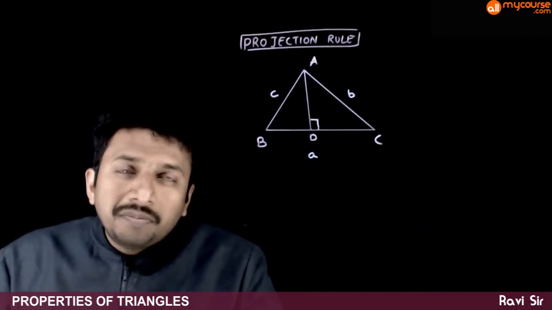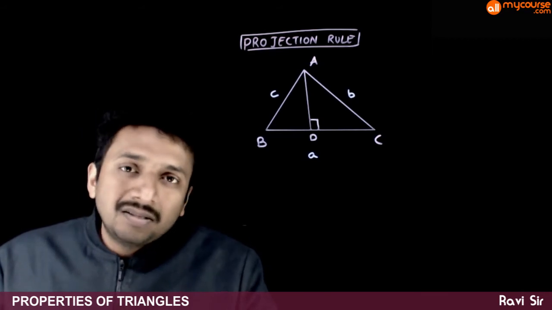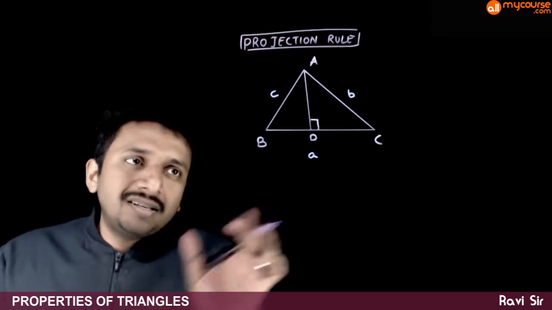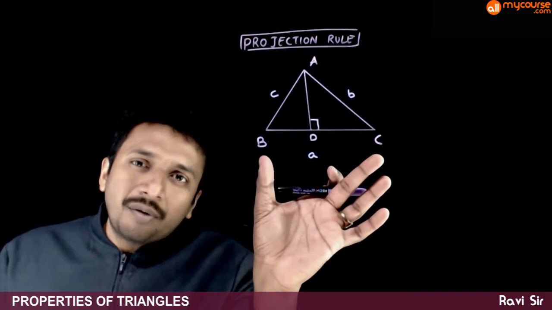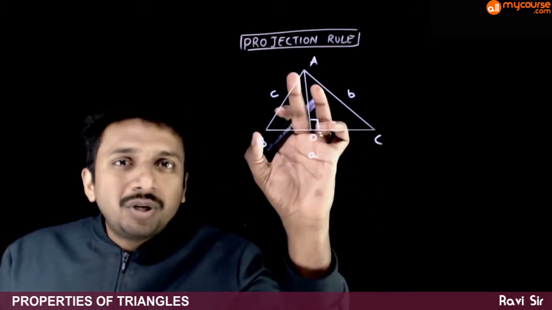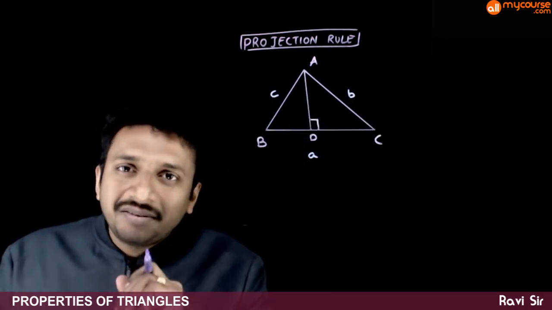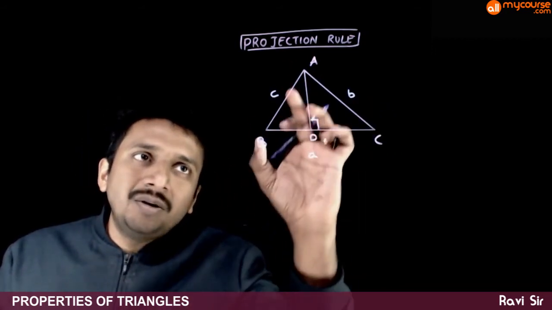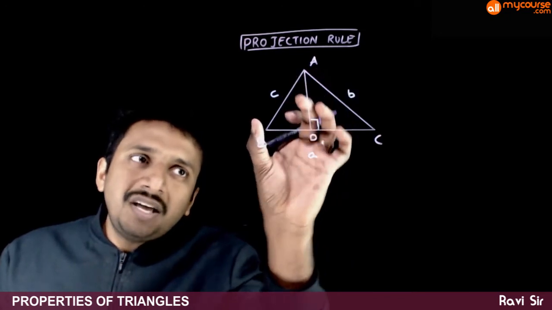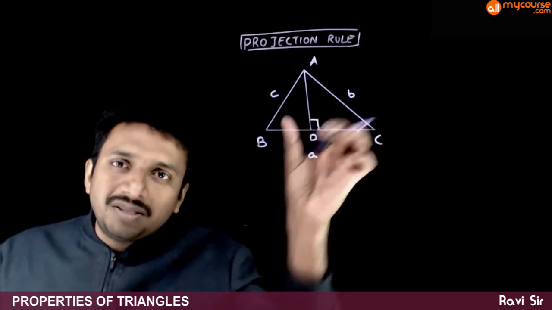So in this video, let us look at the projection rule in triangles. The projection rule in triangles says that any side of a triangle is equal to the sum of projections of the other two sides onto this side. It means the side a is equal to the projection of AB onto BC plus the projection of AC onto BC.